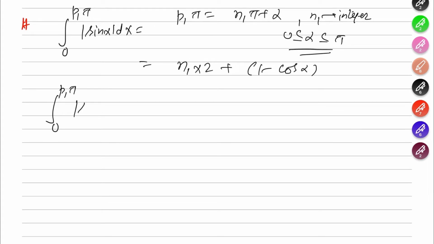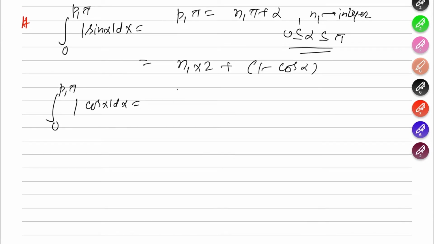And if we have ∫ from 0 to p1π of |cos x| dx, and we write p1π as n1π + α, where α is from 0 to π/2, then this answer is n1 × 2 + sin α.